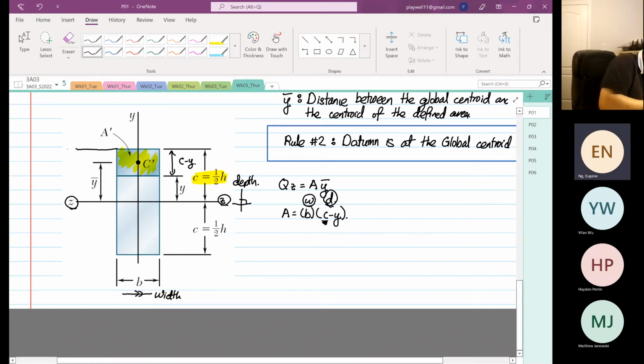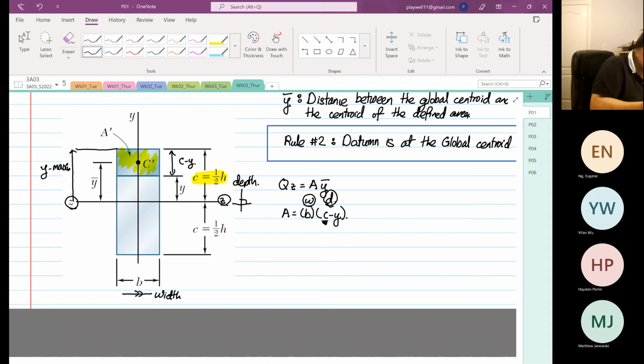So this distance from here to here, this is Y max. Okay, that's Y max, right? And then it starts from Y max and then it comes towards the what? Centroid. I repeat again, the analysis starts from Y max.